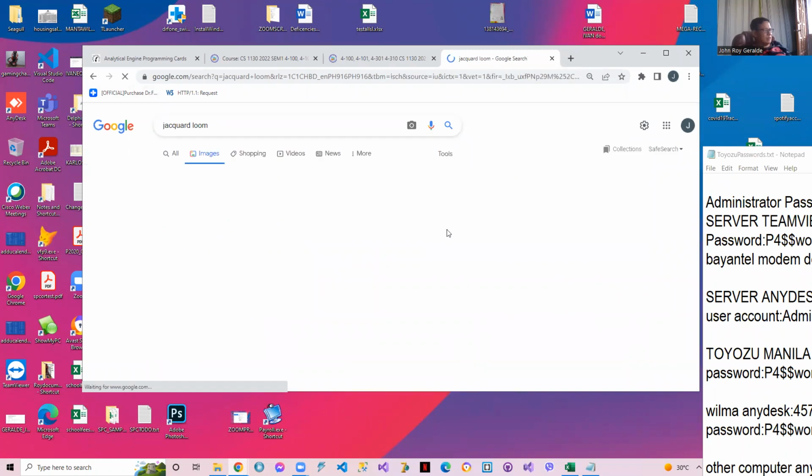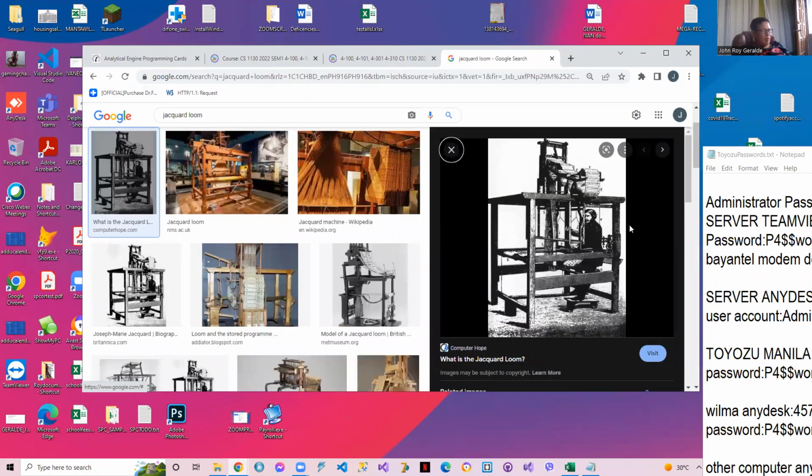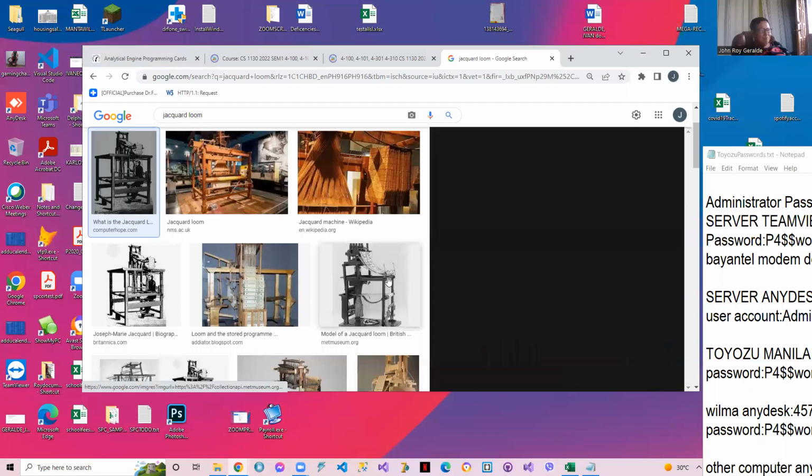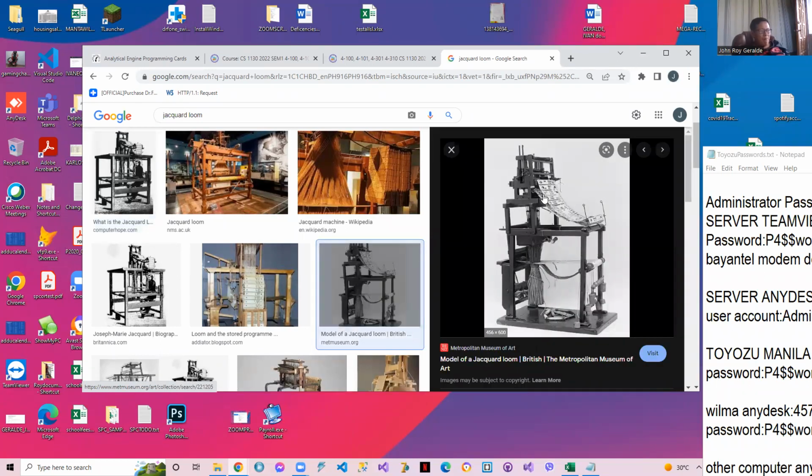Anyway, Jacquard's machine was used as the store. Okay, this is the Jacquard loom. The programs are stored in a series of punch cards like this. So this is where the program is stored. There's another version of the Jacquard loom. This is called the store. Okay, do you follow? Each card can contain one instruction.